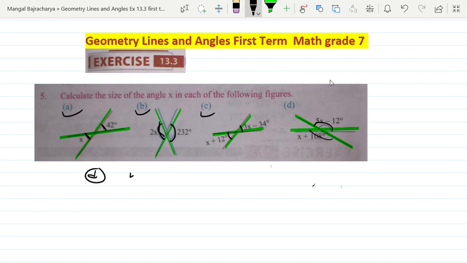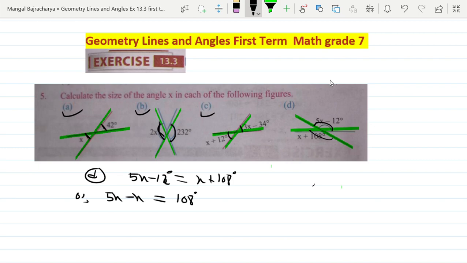So let's write 5x minus 12 equals x plus 108. These are vertically opposite angles, so we say these two are equal. Now it's time for solving the value of x. We need to keep like terms together, x with x and constants together. 5x is already on the left side, and we bring x to the left side.